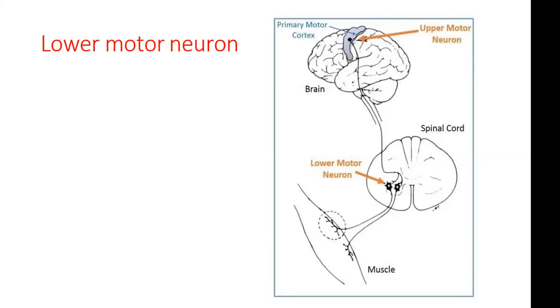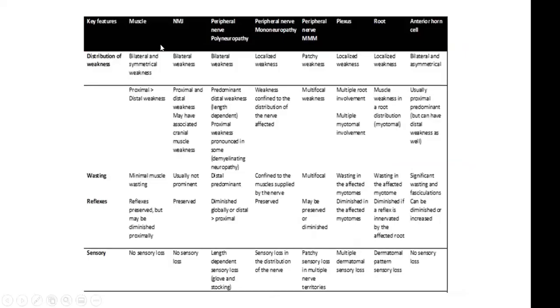Then what are the components therefore of a lower motor neuron pathway? Now just look at the headings in this table. So you have muscle, neuromuscular junction, peripheral nerve. And there are various types of peripheral nerve lesions that we are going to talk about.